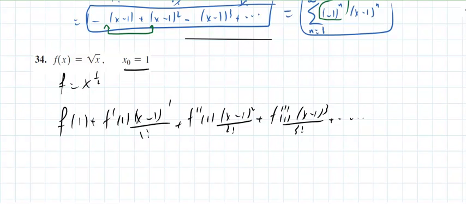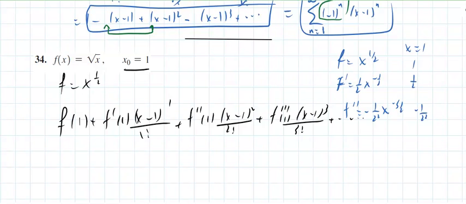This goes on. Now f is radical x, which is x to the 1/2. Evaluate at x equal 1, that's a 1. f prime is 1/2 x to the negative 1/2, that's 1/2. f double prime is negative 1 over 2 squared x to the negative 3/2, that is negative 1 over 2 squared.